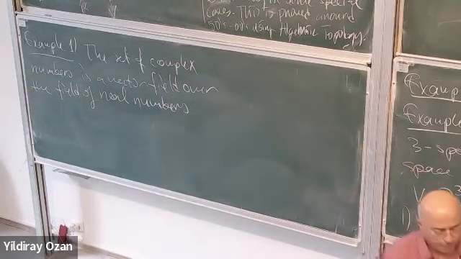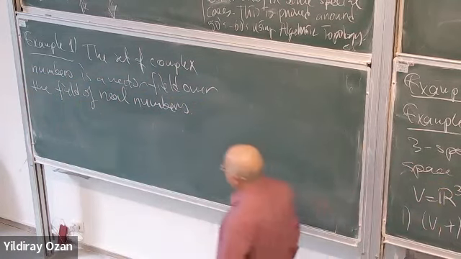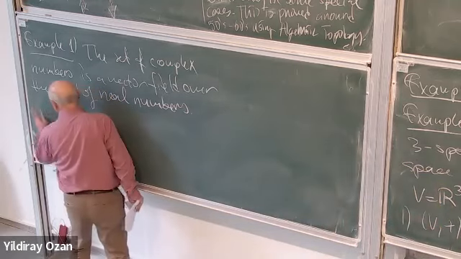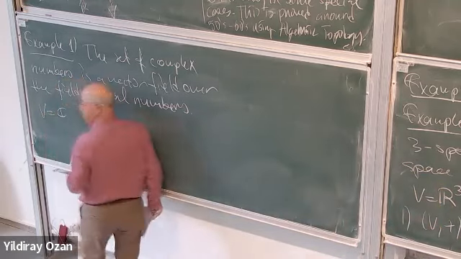Okay. So our vector space is the set of complex numbers.